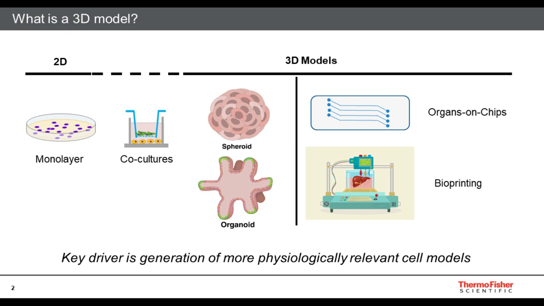Really the key rationale for building these more complex systems is to drive more physiologically relevant responses out of the different cell models, and I think this will be illustrated with the hepatic models that we'll be discussing in detail.